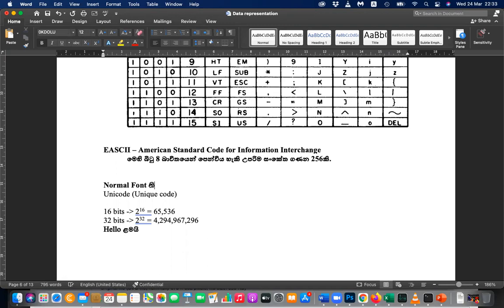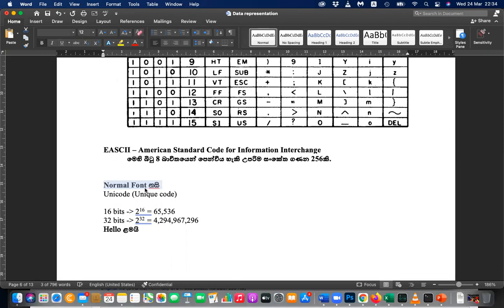Even after I write this, if I select this part, you can see Times New Roman. If I select this part, you can see the Sinhala font. But if I select both, you can see it's undefined because you have used two fonts.